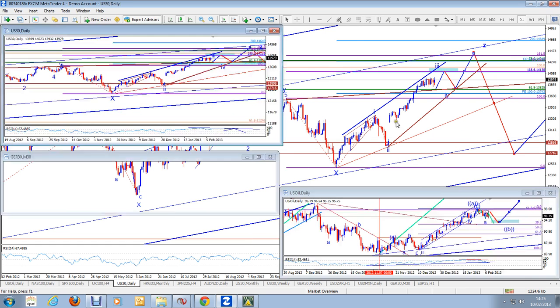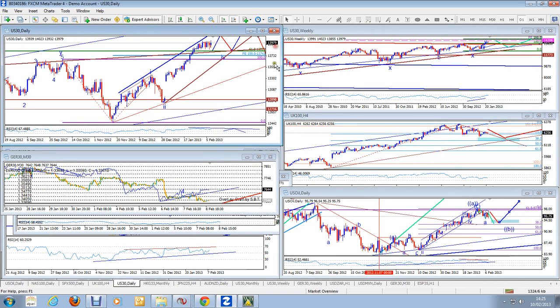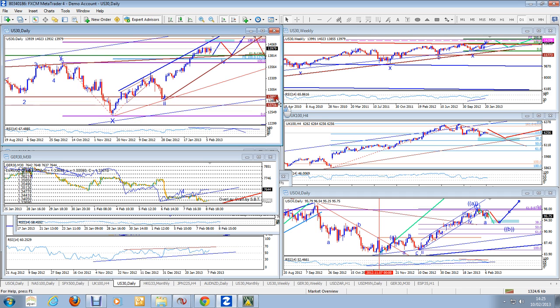So one thing at a time: broadly speaking, sideways, neutral to upside bias. Oil, upward bias, but allowing for the current decline to continue to probably about 93.